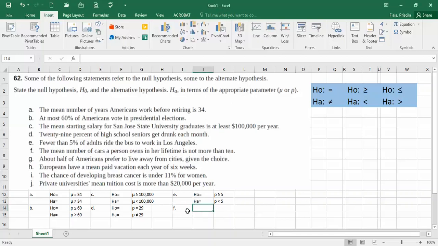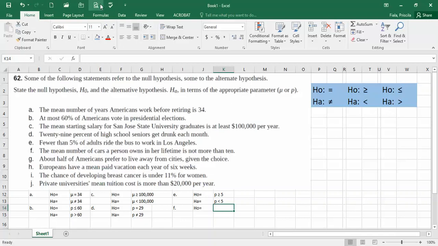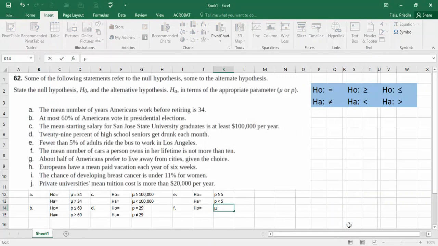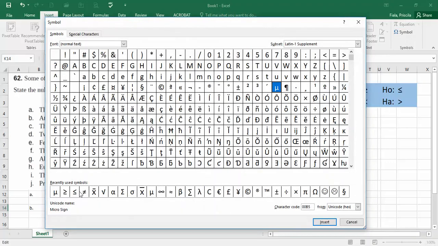So let's do that. My H0, which one has less than 10 including 10? Here we go. So be the mean here. So no more than 10. Actually, I should be using this.